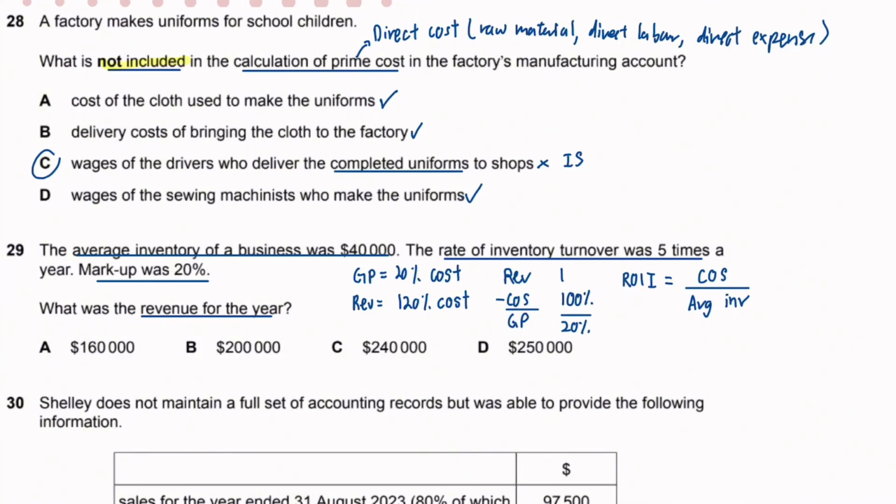So revenue is 120%. So if you want to get revenue, you use 120% times your cost, and gross profit is 20% times the cost. So this is essentially how I derive this formula.